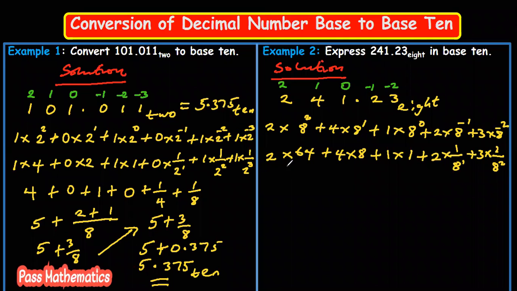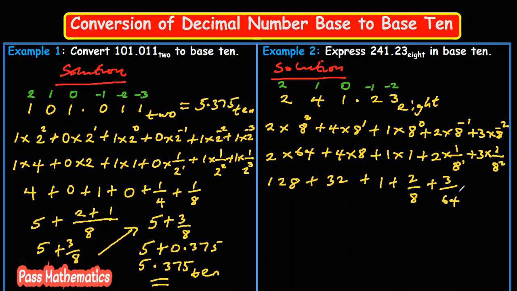So we have 2 times 64, we have 128. Then we have 4 times 8 is 32, plus 1 times 1 is 1. Then we have plus 2 times this, we should have 2 over 8, plus 3 times this, we should have 3 over 64.